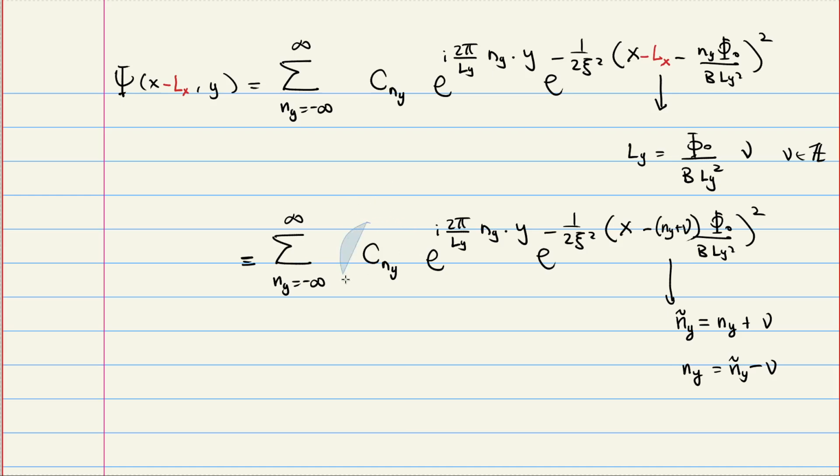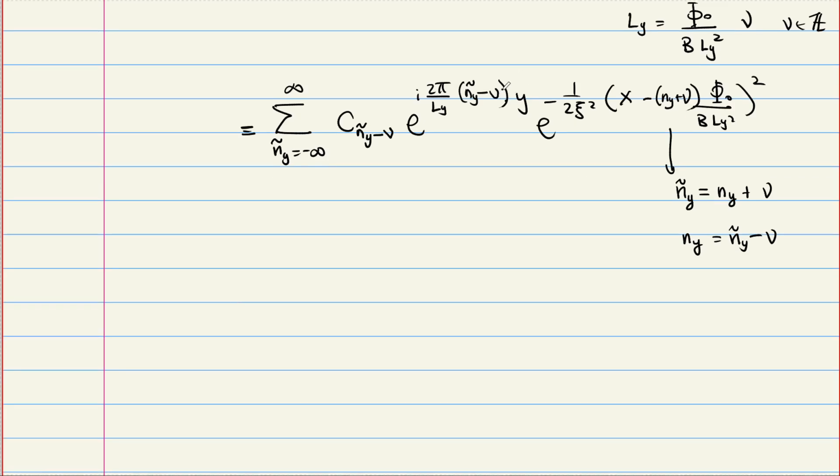So this is the first place I see ν tilde minus nu, and here this is ν tilde minus nu. Good. And I need to also change the summation to ν tilde.